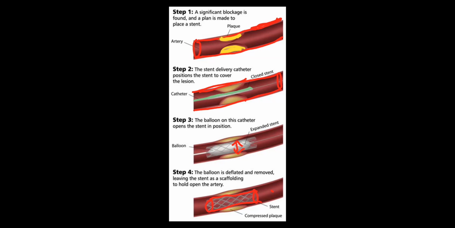Because it is metal, it will maintain its shape, so it will open up this passage throughout. It will keep this passage open throughout over there. So that is how the stent will work.